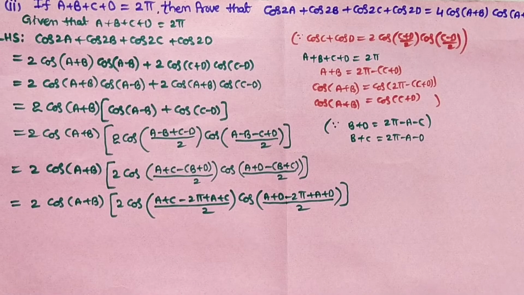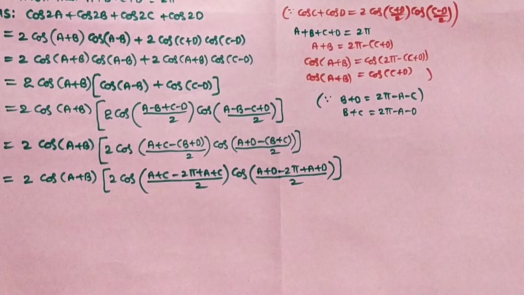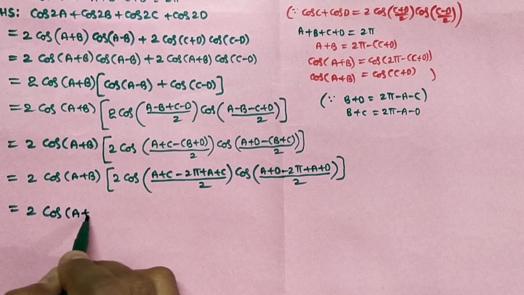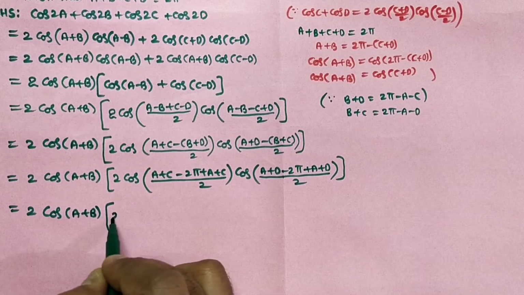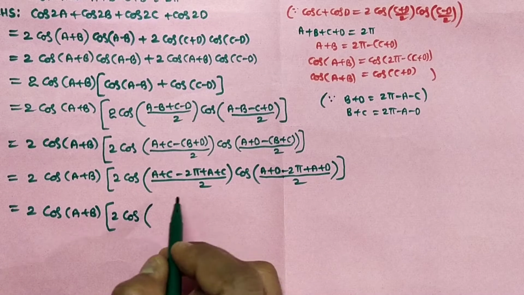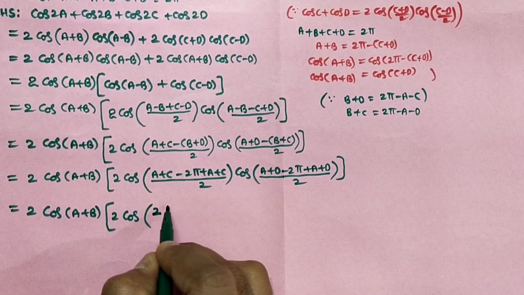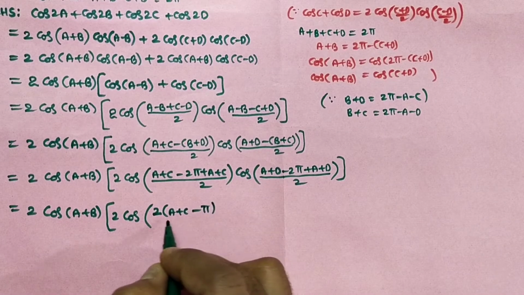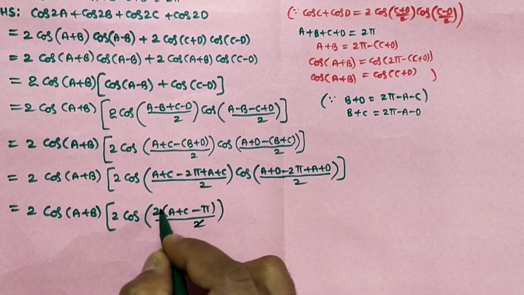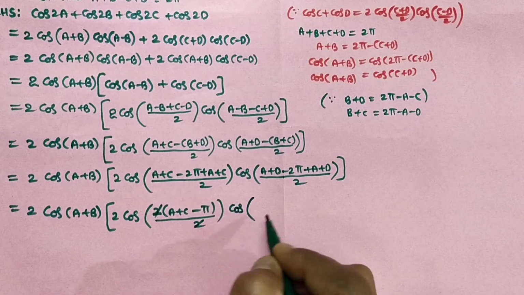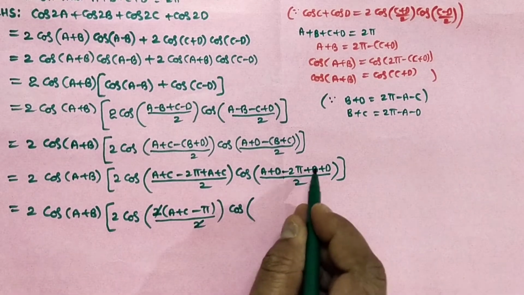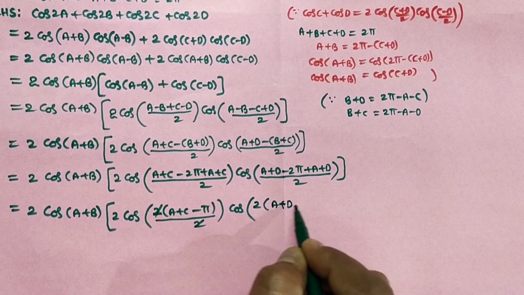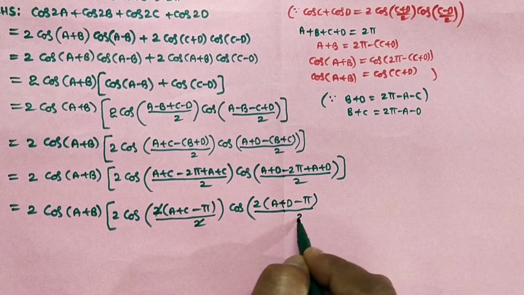Now take the LCM, which is equal to 2 times cos of (A plus B) into 2 times cos of (2 times (A plus C) minus pi) divided by 2. The 2 gets cancelled. Even here also, A plus D plus A plus D is 2 times (A plus D), so 2 times (A plus D) minus pi, divided by 2.